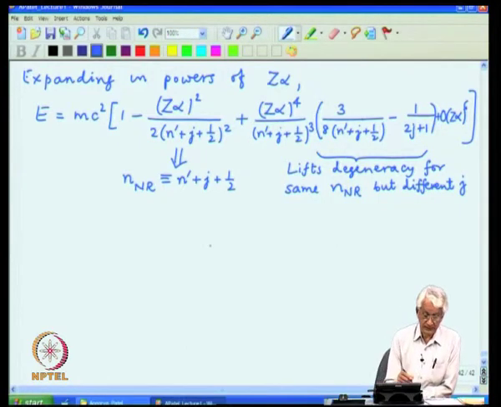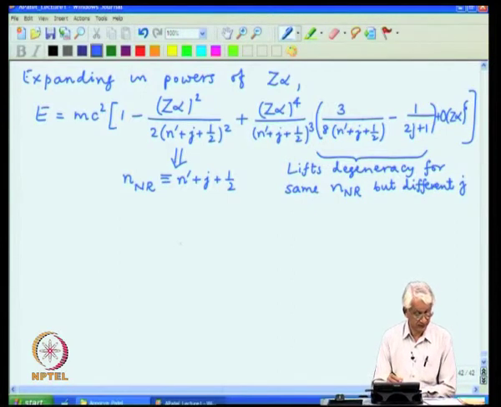So, the degeneracies are quite easily observed by putting the atom in a magnetic field, where all this fine structure separates out according to Zeeman splitting.